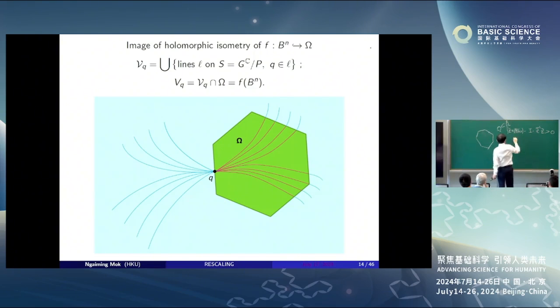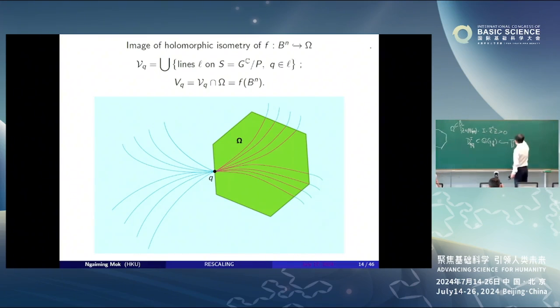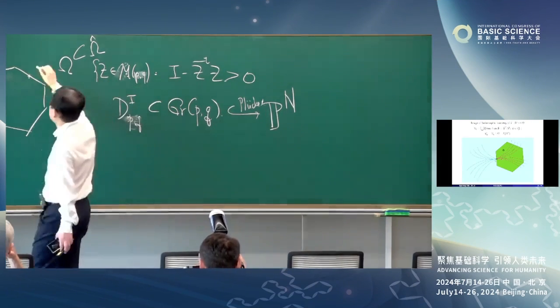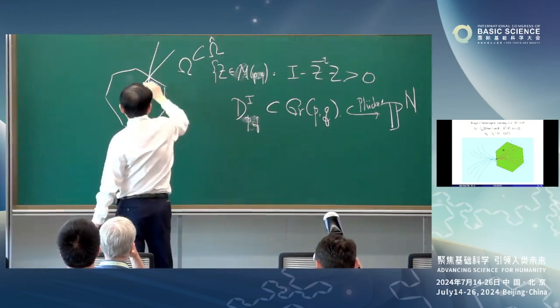dual. For instance, the type 1 domain, this is D_{p,q}. Let's say I can pick p, q. It's inside the Grassmannian. So this Grassmannian can be embedded into projective space by the Plücker embedding. So there are many minimal rational curves, the straight lines on there. You take the straight lines passing through the point.